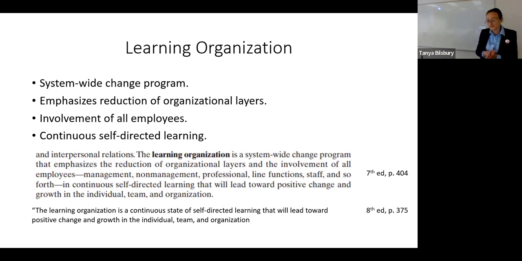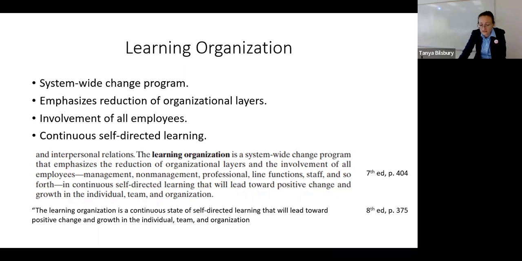So what are learning organizations? This hurt my brain a bit. I'm gonna read this to you. This is the definition from French and Bell, 7th edition, which some of you are using, on page 404. The learning organization is a system-wide change program, so some kind of program that emphasizes the reduction of organizational layers.